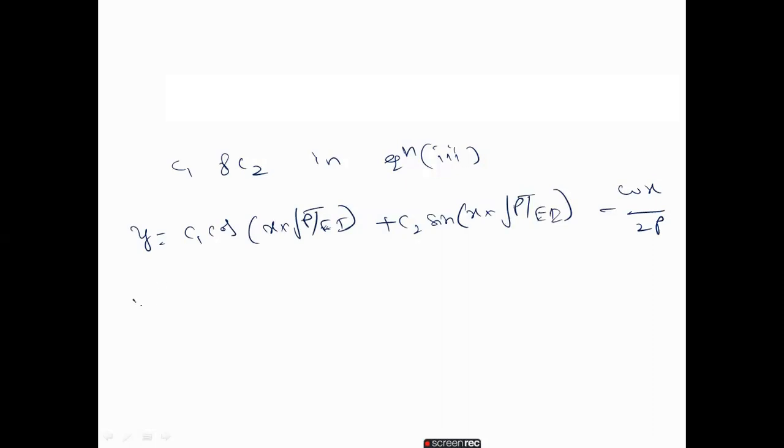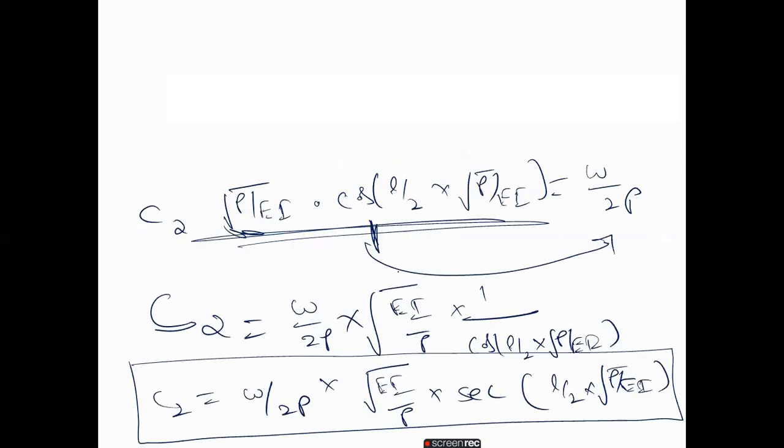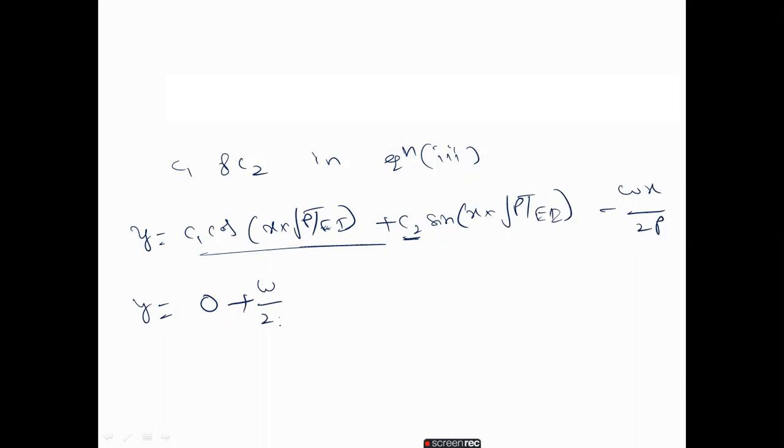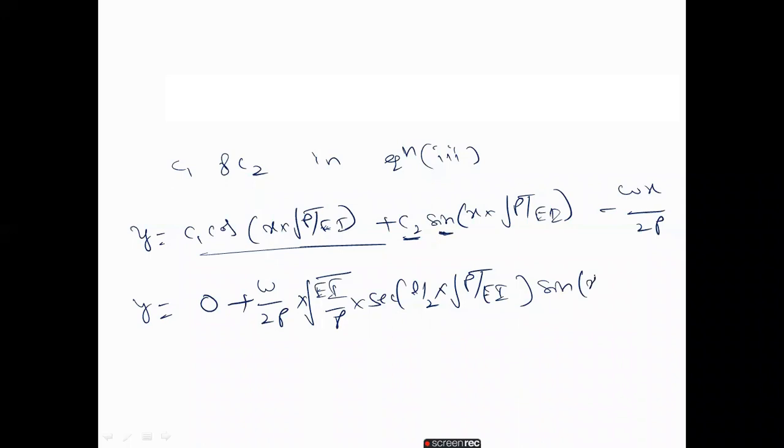That is y equal to C1 is 0, so this is completely 0. C2, which we just calculated, please substitute here: W by 2P into square root of EI by P into secant of L by 2 square root of P by EI, multiplied by sine x into square root of P by EI minus Wx by 2P.